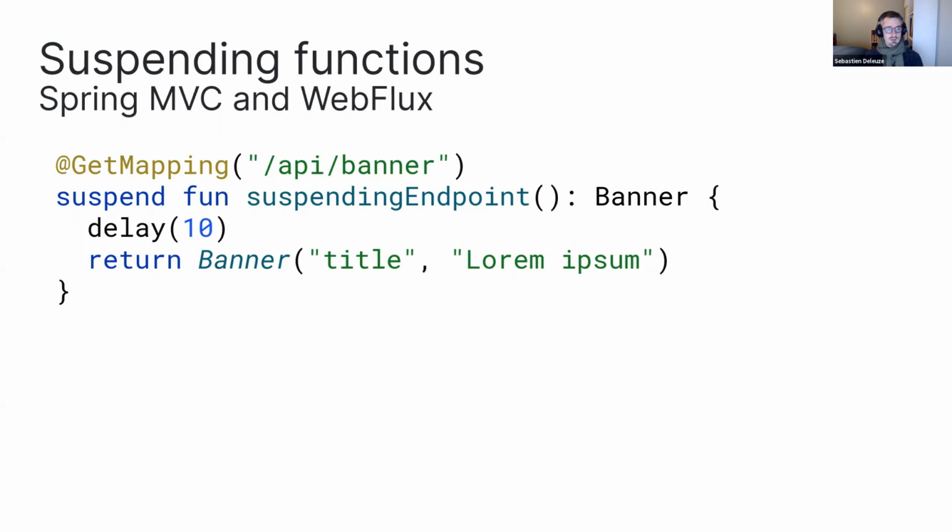And if you are using this keyword, you can call, here I'm just calling delay, which is just for a demo, but you can call, for example, another suspending function that is coming from Spring Data Reactive, or something like that. You can also call any kind of coroutine-based HTTP client.